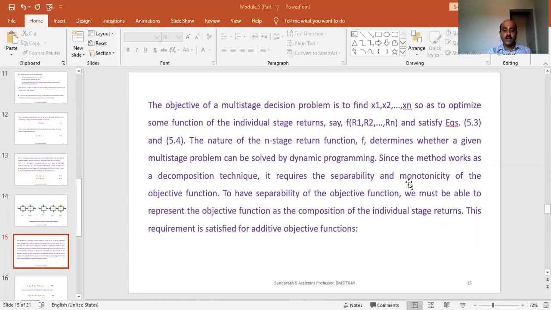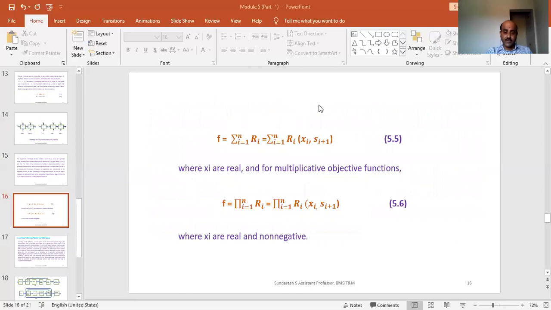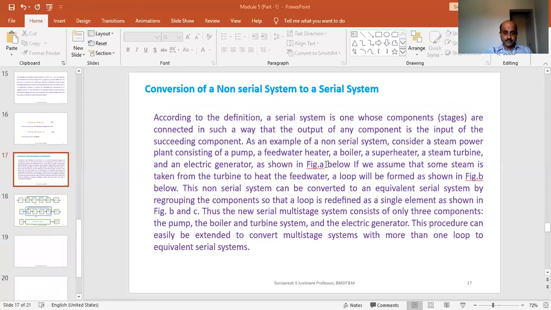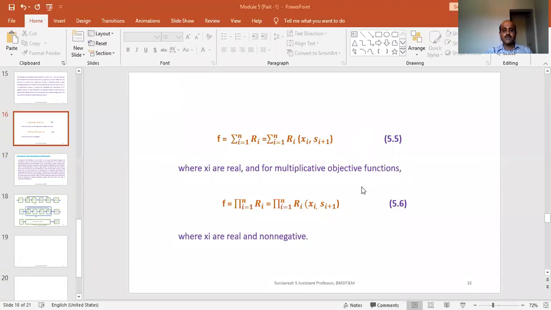To have separability, we must be able to represent the objective function as a composition of individual stage returns. This requirement is satisfied by additive objective functions. So this is the final equation, the function we can write.